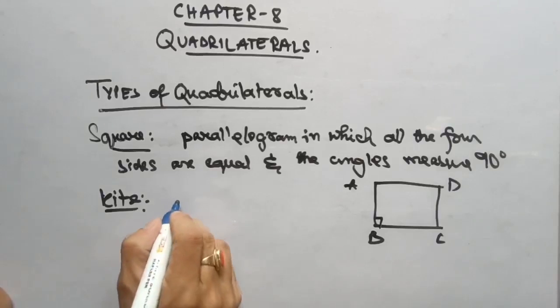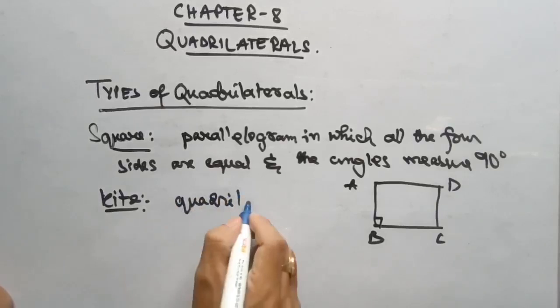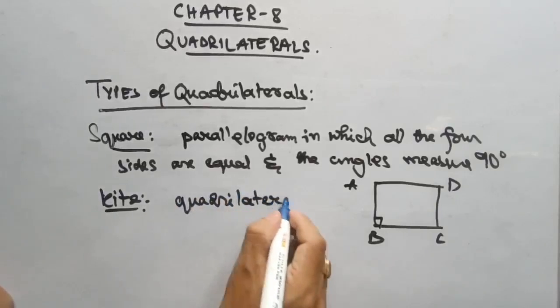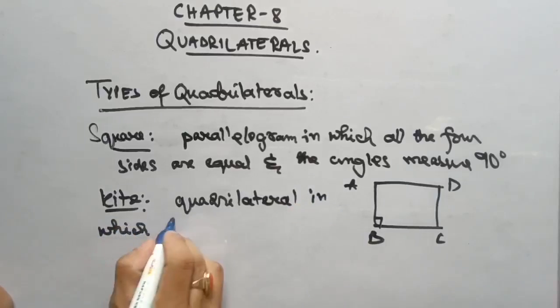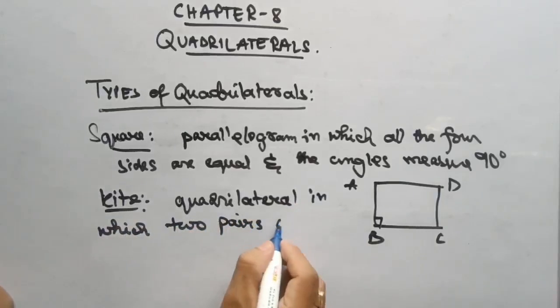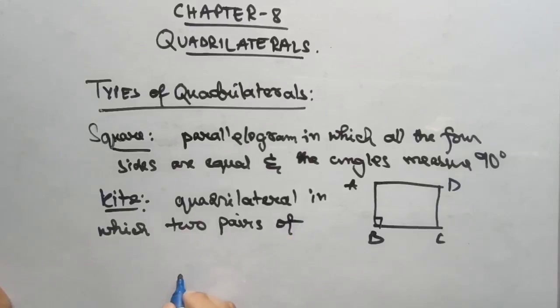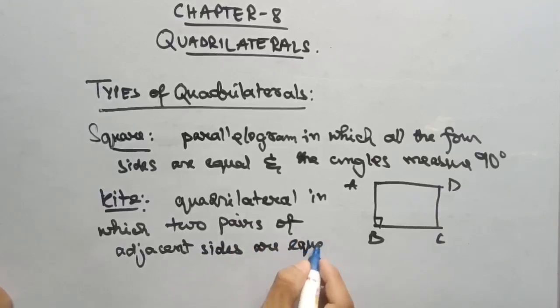Next, the type of quadrilateral is kite. A kite is a quadrilateral. It is not a parallelogram, it is a quadrilateral in which two pairs of adjacent sides are equal.